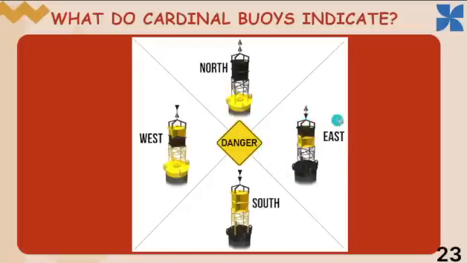So that's the east. Lastly, the west: two black cones pointing towards each other, black band in the middle with yellow top and bottom. That is the west.